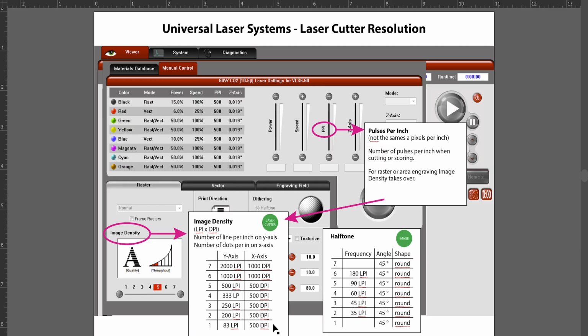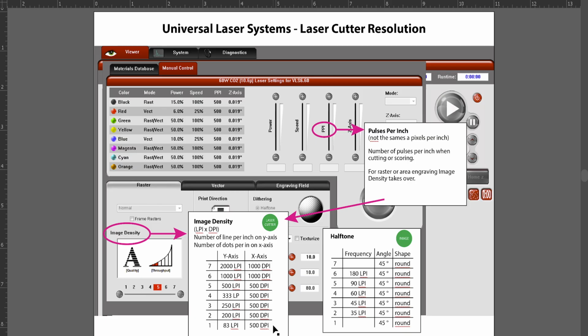And this is what had me going round and round in circles with Trotec, because Trotec is different. If there are 83 lines per inch on the y-axis, there are 83 dots per inch on the x-axis. And in fact, Trotec talks about it as DPI, and they use it interchangeably with LPI.